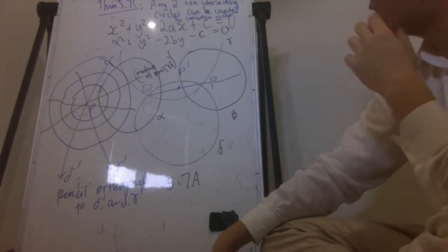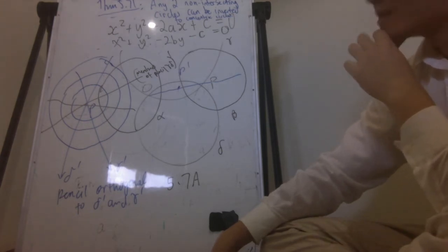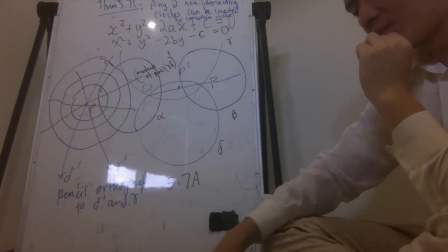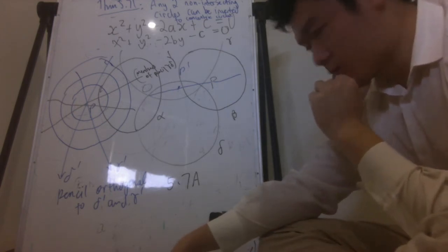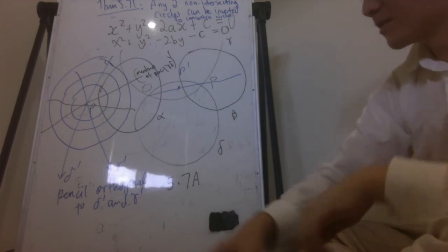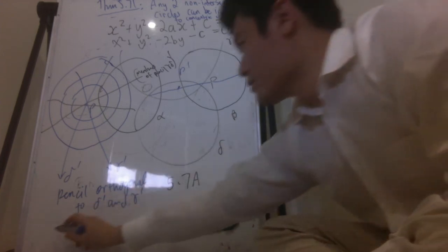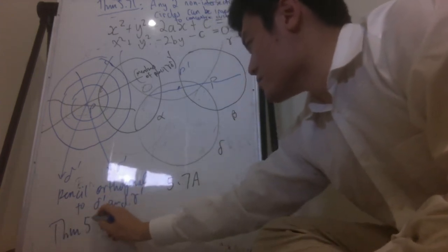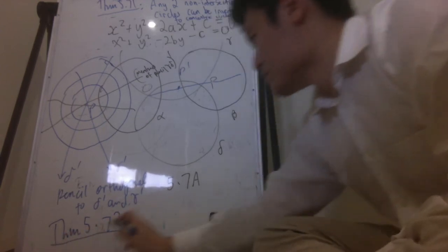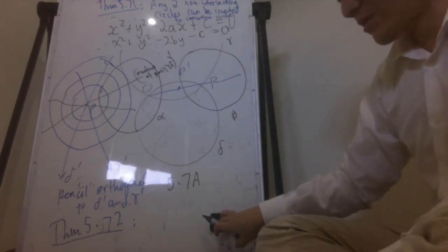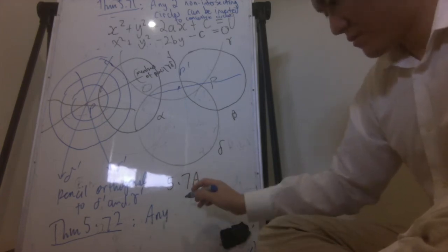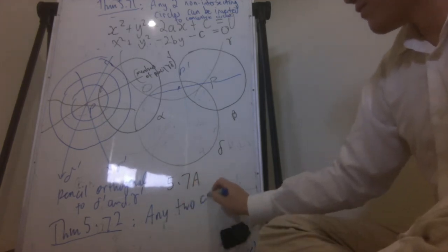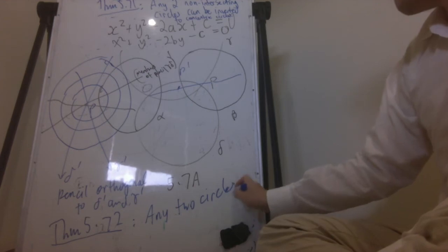Should I state Theorem 5.72 before it's due? They only state it at the bottom, yeah. Theorem 5.72, and we'll wonder about it when we get up to it, but I'll state it: any two circles have at least one mid-circle. If you remember last week, this might be more motivating.